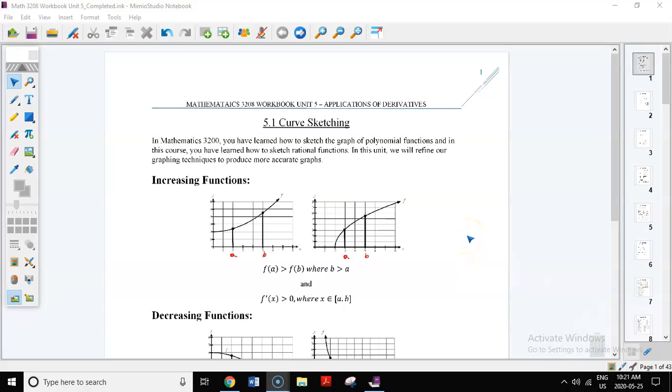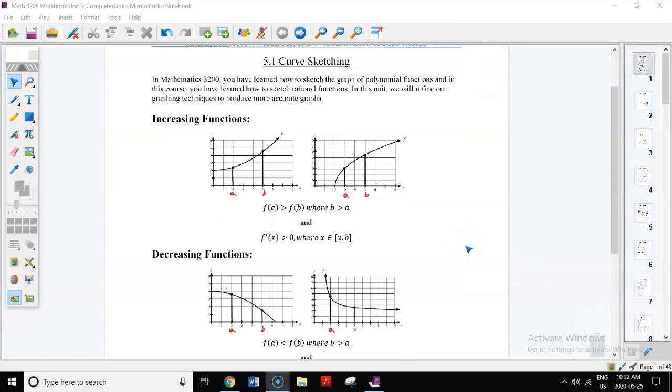On top of what we already can do, now we need to be able to figure out where the max and mins occur, and that's where we use the derivative, and where the function is increasing and decreasing, which we've already talked about. So essentially we need the original function f of x, the derivative f prime of x, and the second derivative f double prime of x.